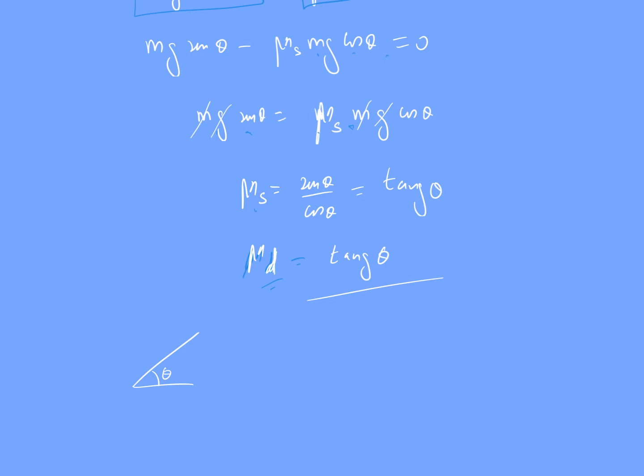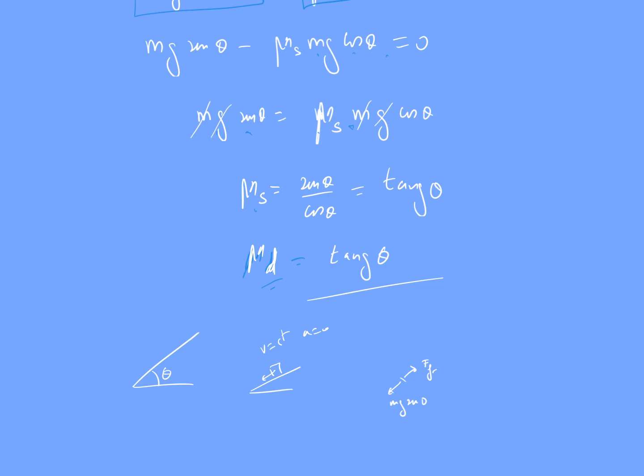So now you reduce the angle and you see when the object is moving with constant velocity. So V constant means a equals 0, and it means that the force acting on the weight, mg sine of theta, will be equal to the friction force, but it will be the static friction force at this angle theta.